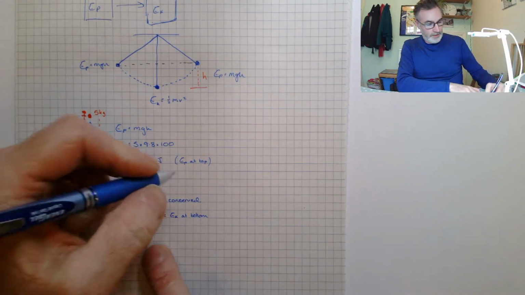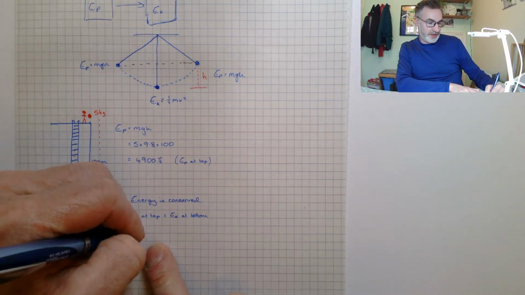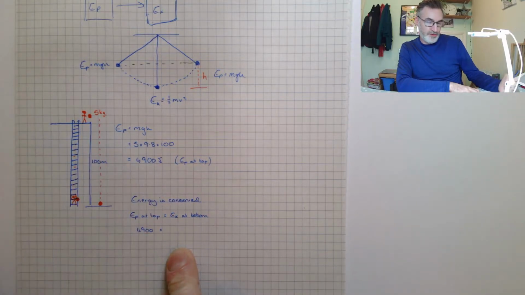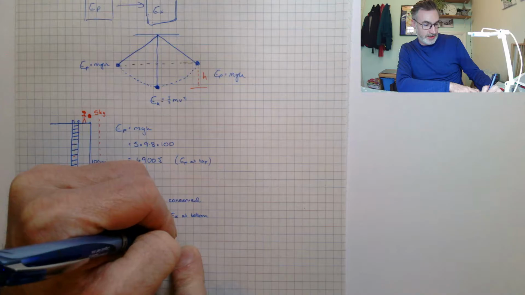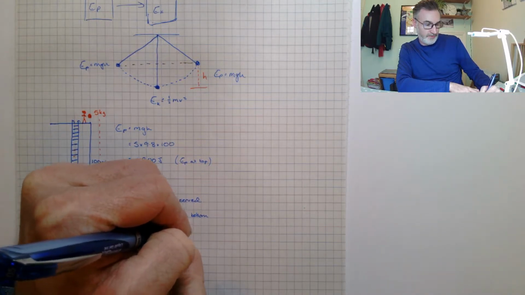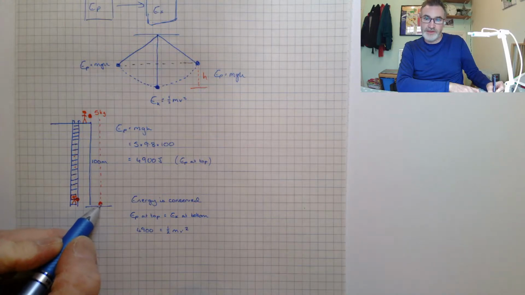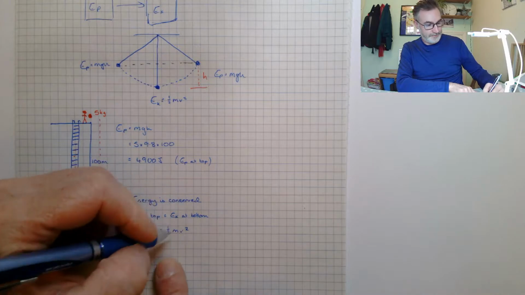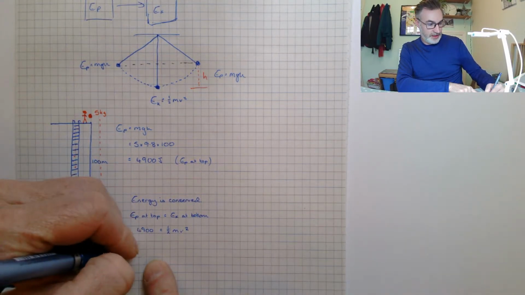Okay. Then I can say, well, there's 4,900 joules of potential energy, and that 4,900 joules has all now been converted into kinetic energy, and we know kinetic energy is half mv squared. So I can calculate now the velocity that it strikes the ground with. I'm going to take my half over to the other side.